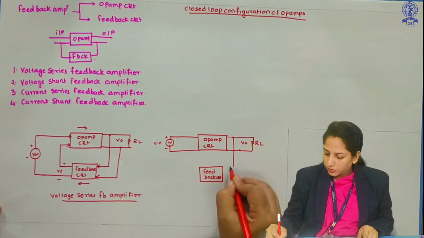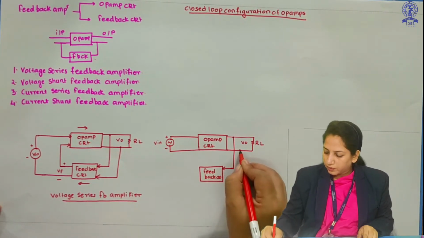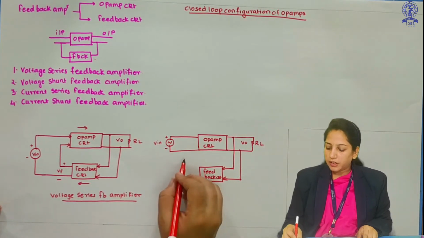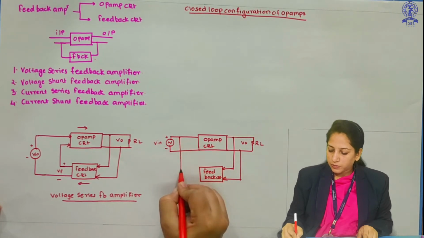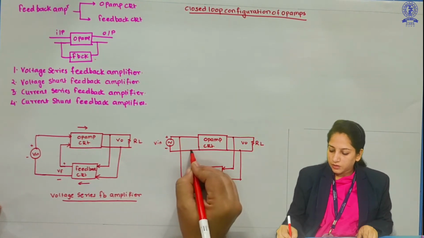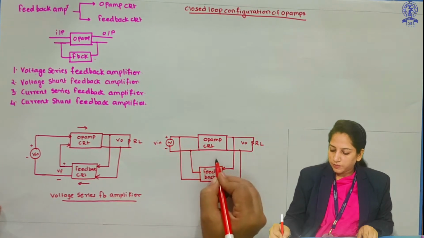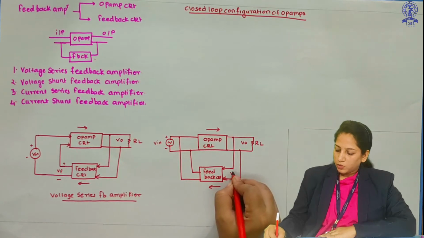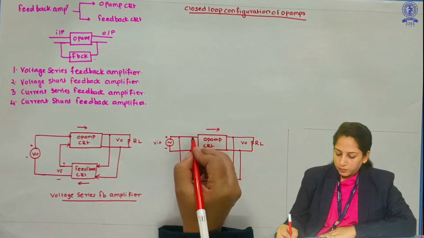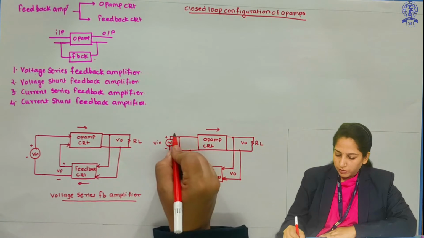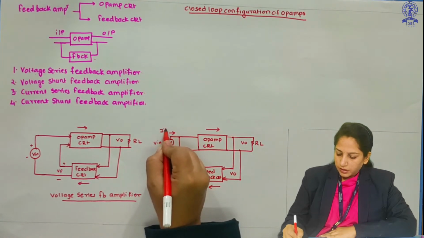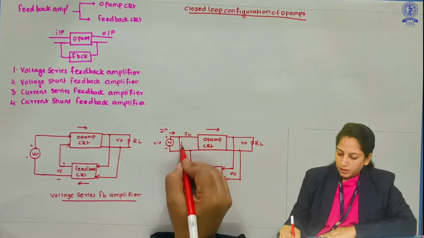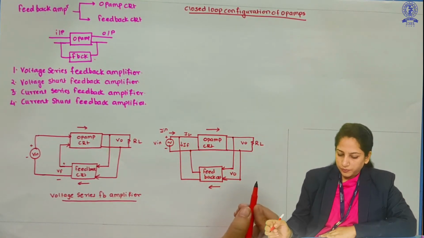Here the voltage is given to the feedback circuit, and from the feedback circuit output it is given in shunt here. In this way the output and input flow will be: this is V0, and suppose here the current Iin is flowing, here is the IB current, which is approximately 0, and from here the IF current is flowing.